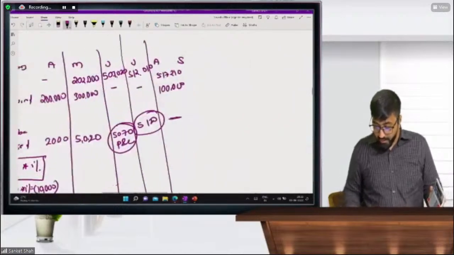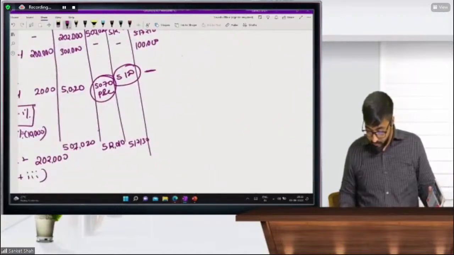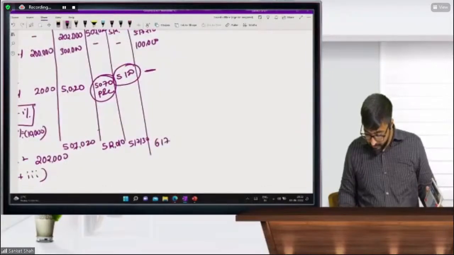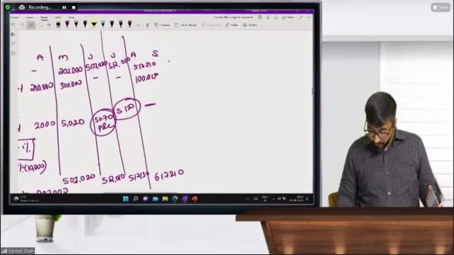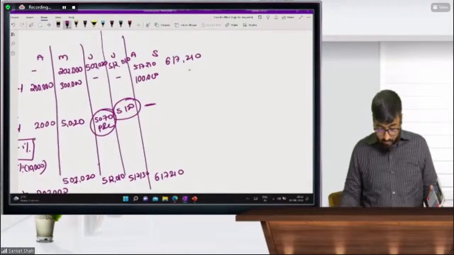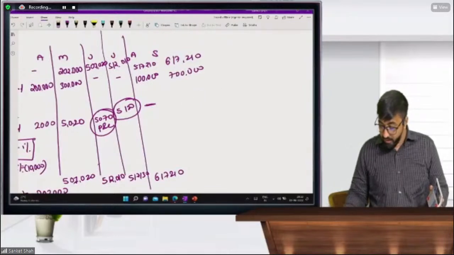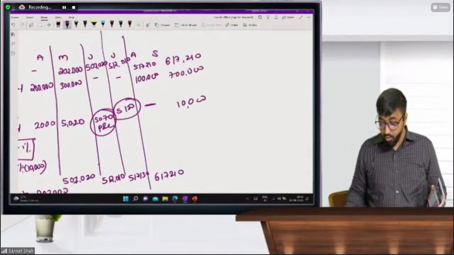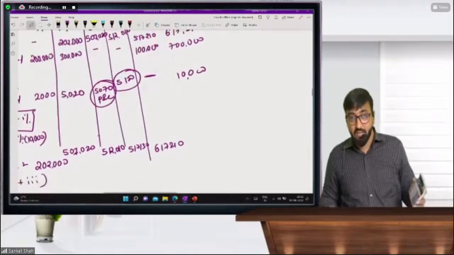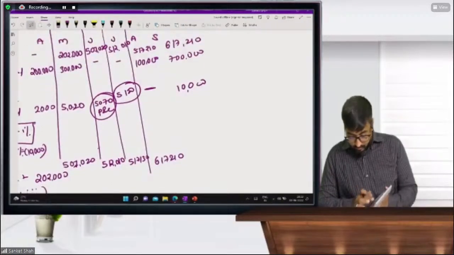So OD nahi hai. So interest 0 and 617,210 and 617,210 expenditure is 7 lakh. But beta, interest to be capitalized is only to the extent of 10,000 because now your borrowings is more than 10 lakhs. So final answer is 617,210 plus 7 lakhs.